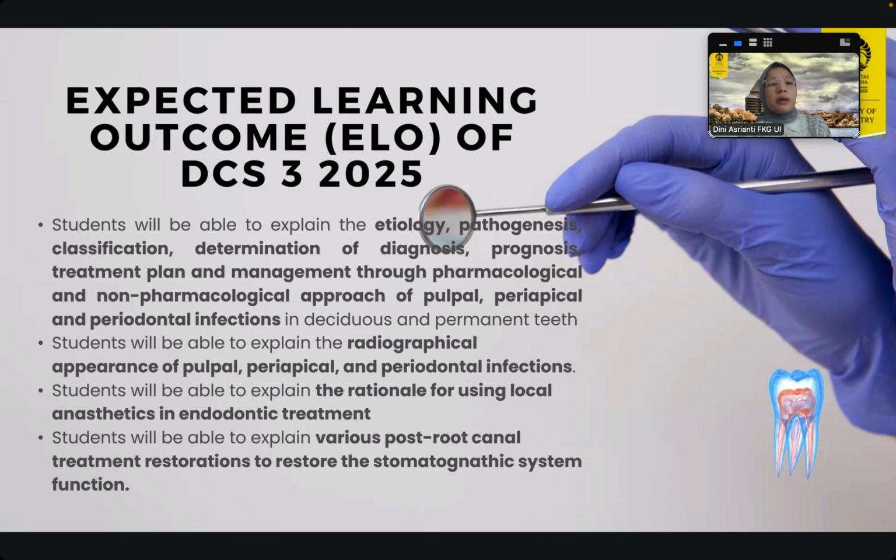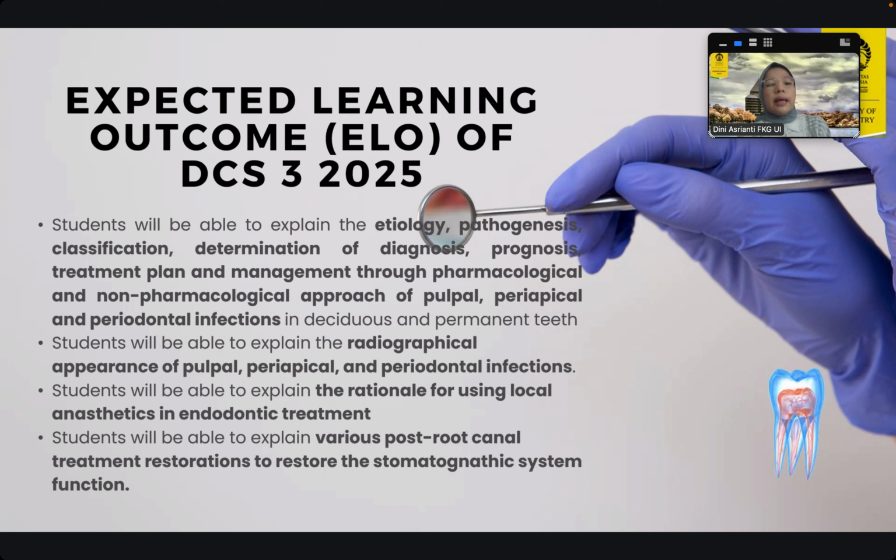And then you will learn how to create a good treatment plan based on the diagnosis as well as the examination that you did, with also the radiograph examination that is also different from the first one that you already learned in DCS2, because it involves the periodontal and also the surrounding bone.